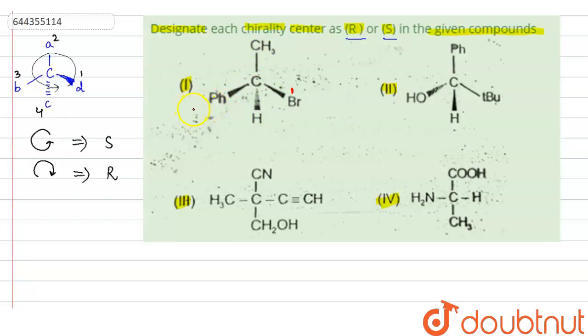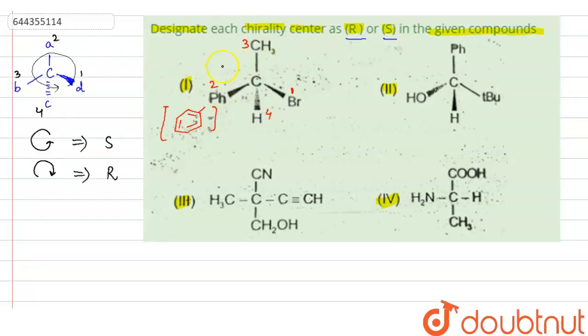Now phenyl is basically C6H5, or you can show phenyl like this, right? So this is phenyl. Here carbon is attached to only hydrogen atoms. Here carbon is attached to 2 more carbon atoms. So next priority will be given to the phenyl group. Then we have CH3, priority will be given to this. Then priority will be given to hydrogen.